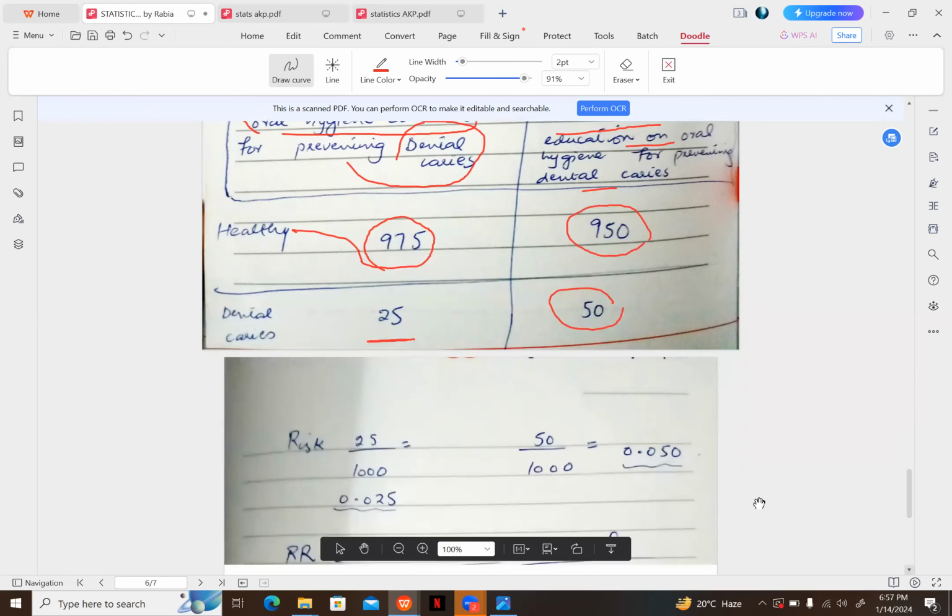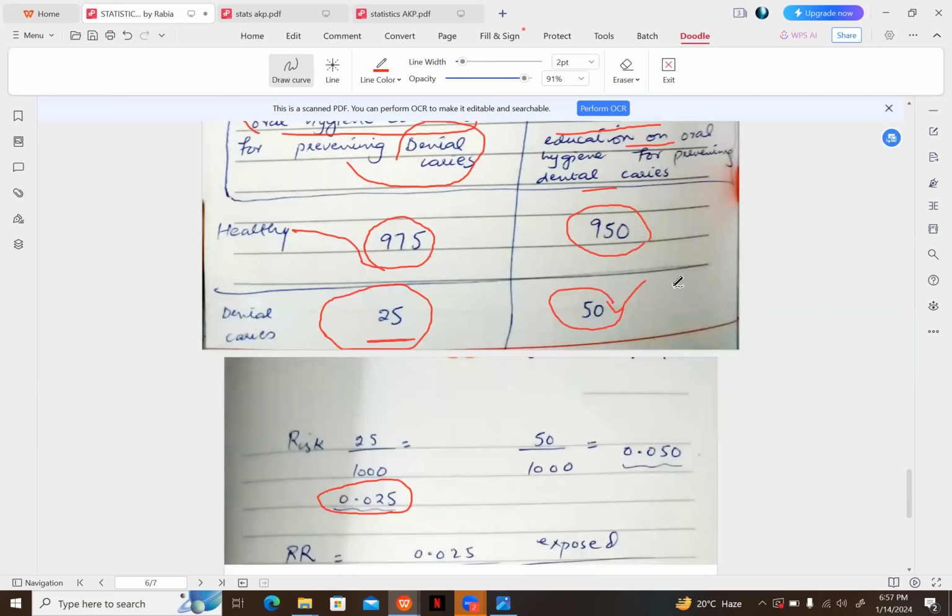So now you see this 25 is the diseased. We divide this 25 by the total number of kids, that is 25 divided by 1,000, which is 0.025. And the 50 who got the disease among all 1,000 kids who are not educated is 0.05.